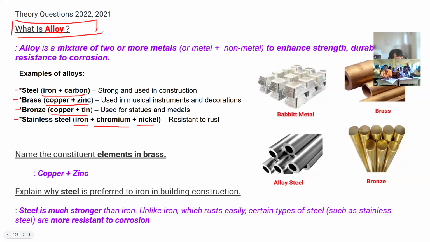The big picture here is that an alloy is a mixture of two or more. Maybe it's good to copy down what I've underlined. Okay, I think if you are done with copying all of this, on to the next slide.